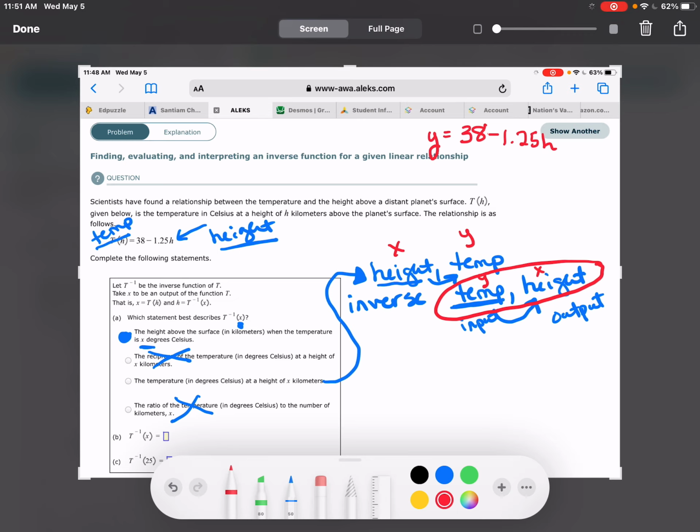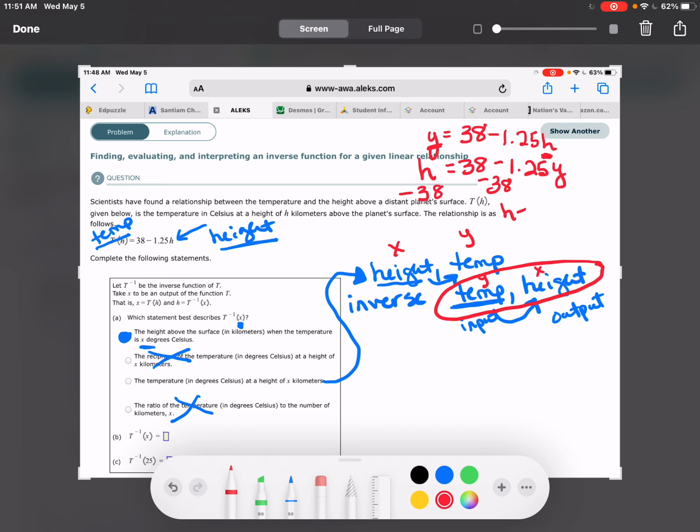If you had wanted, you could put something different instead of y, but you need to just keep track of the fact that you're going to switch what is your x with what is your y. So we have 38 minus 1.25 y. And now we're going to use some algebra to rearrange this so that y is by itself again.